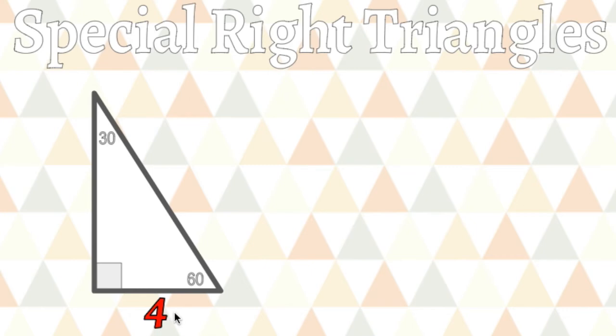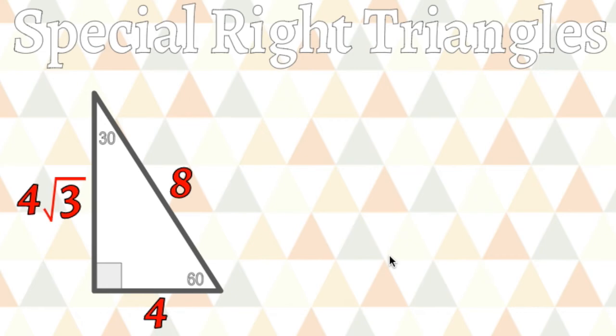So, if the side opposite 30 is 4, the side opposite the right angle is twice the length of 4, which is 8. And then we can say, okay, well, that weird side, the side opposite the 60-degree angle, is just going to be 4 times root 3.